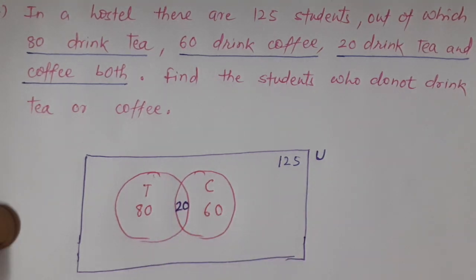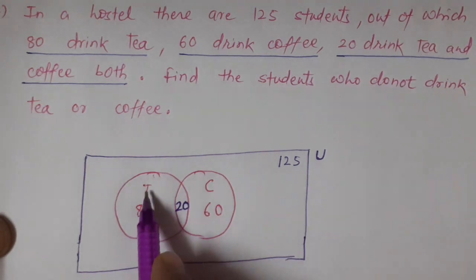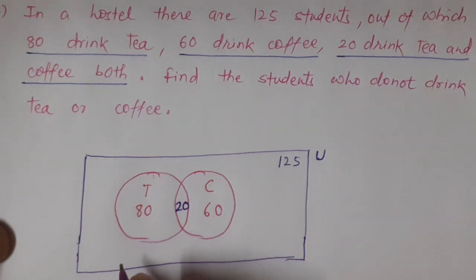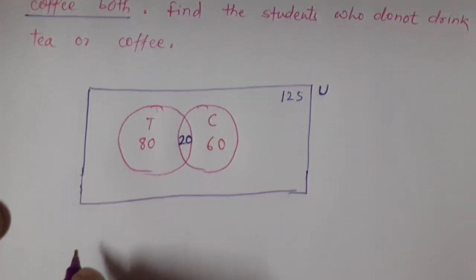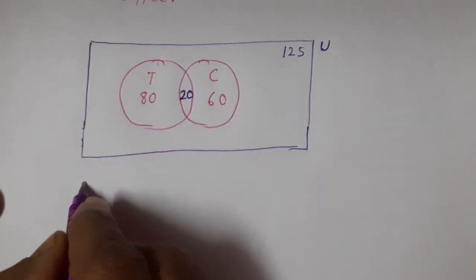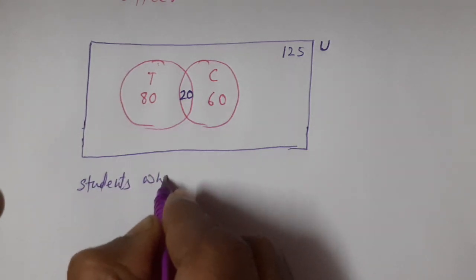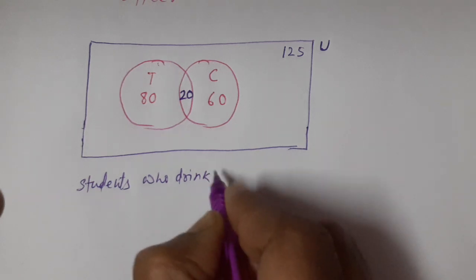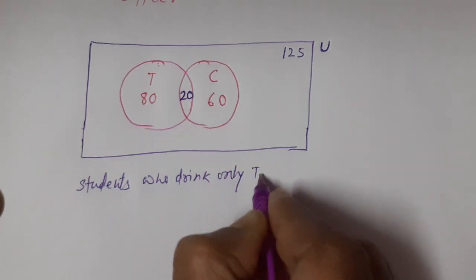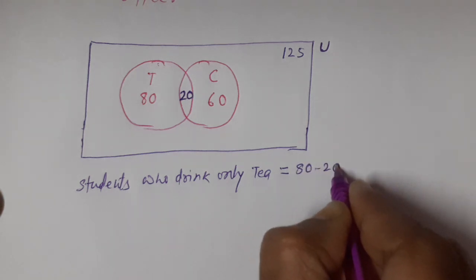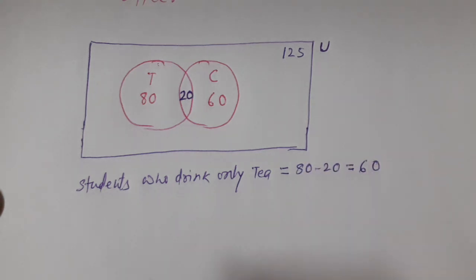So from this you can calculate the students who are drinking only tea. Suppose students who drink only tea, I can calculate that as 80 minus 20 is equal to 60.